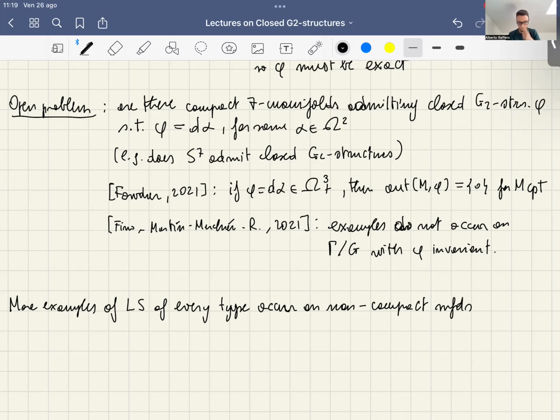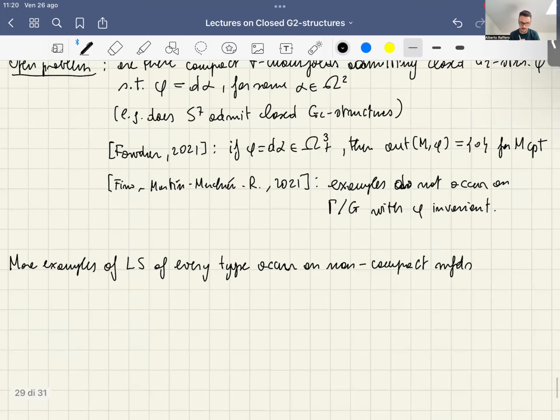And there are many, many examples now. Let's say starting from 2015, there has been an increasing interest in this type of closed G2 structures. And there have been lots of developments so far.